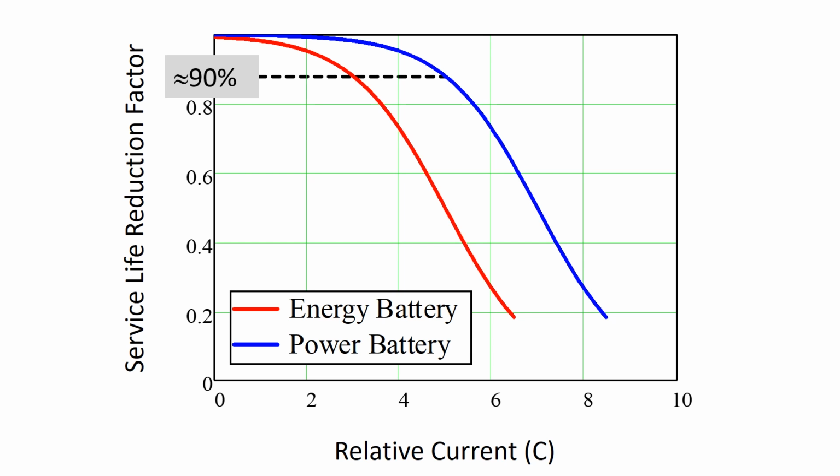If we want the battery to last about 90% of the ideal service life, we can see how high current can be used. For this energy battery, we can use up to 3C current, and the power battery can have 5C current. Note that the life expectancy drops very quickly at high currents. If we double the currents just mentioned, the battery will age in a very short time.